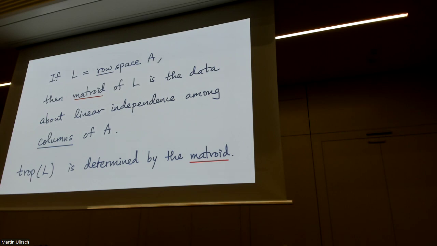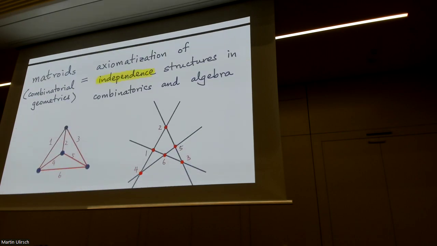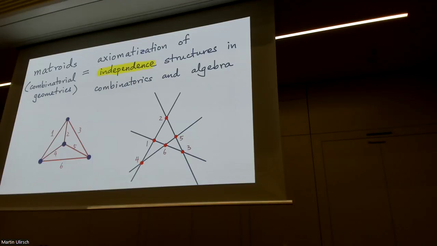It sees a matroid and only the matroid, meaning that if you have two linear spaces that have the same tropicalization, then they have the same matroid. So what is a matroid? Matroids are also called combinatorial geometries. It's the axiomatization of independence structure in combinatorics and linear algebra. Two main examples come from graph theory and linear algebra.